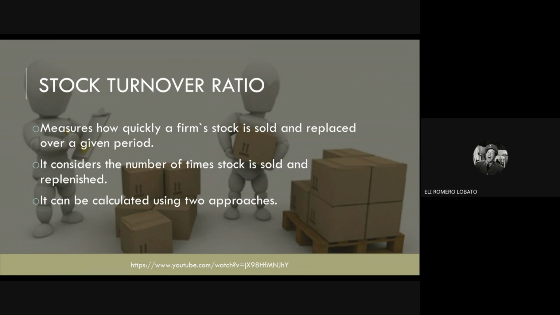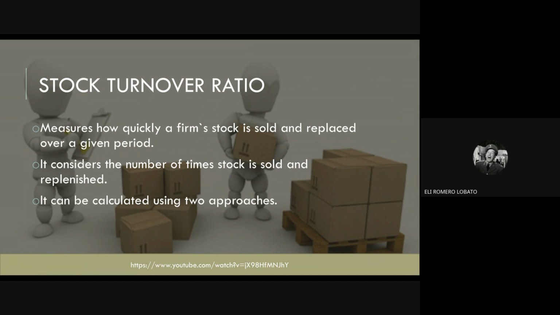And when we apply the ratio is because we are going to measure how quickly an enterprise stock is going to be sold and is going to be replaced in a specific given period, okay? It's going to consider the number of times this stock is going to be replenished. And it can be calculated using two main approaches.